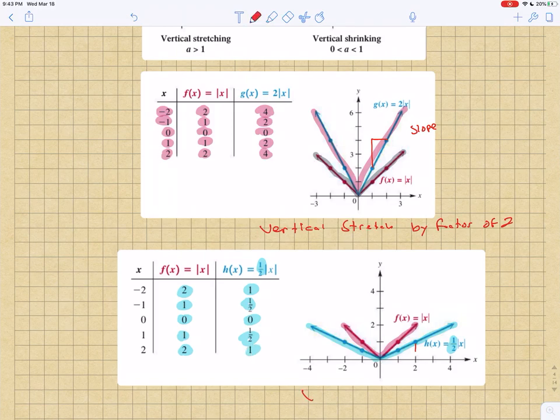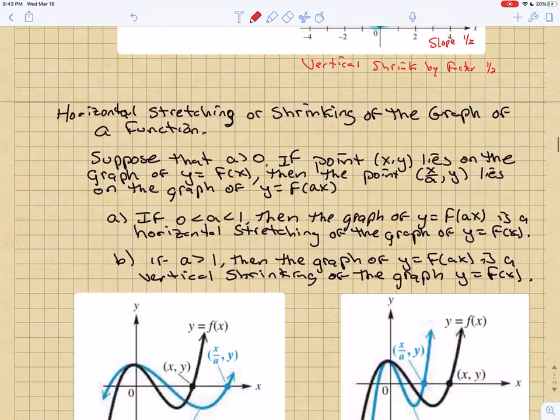So this again is a vertical shrink by a factor of 1/2. All right? So those are vertical stretching and shrinking. And again, they make perfect sense. And by the way, if we look, the slope is 1/2. That might be important later.